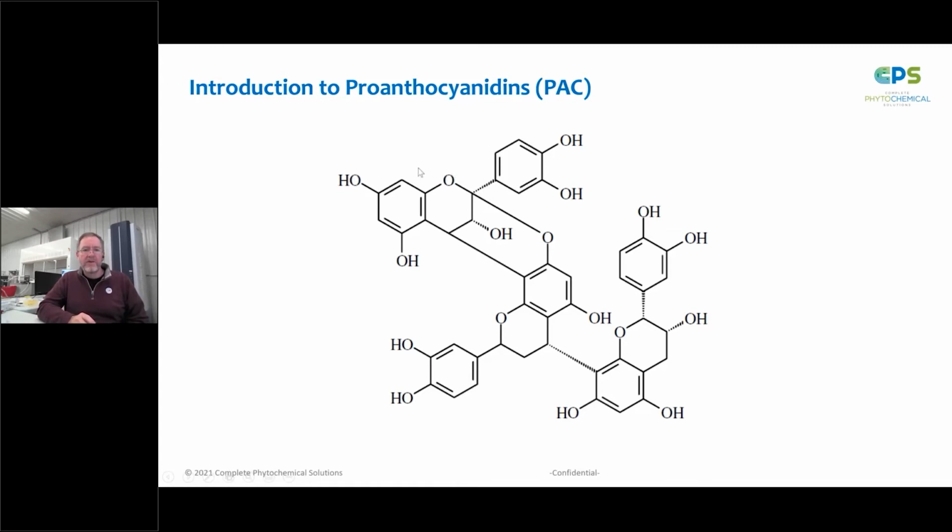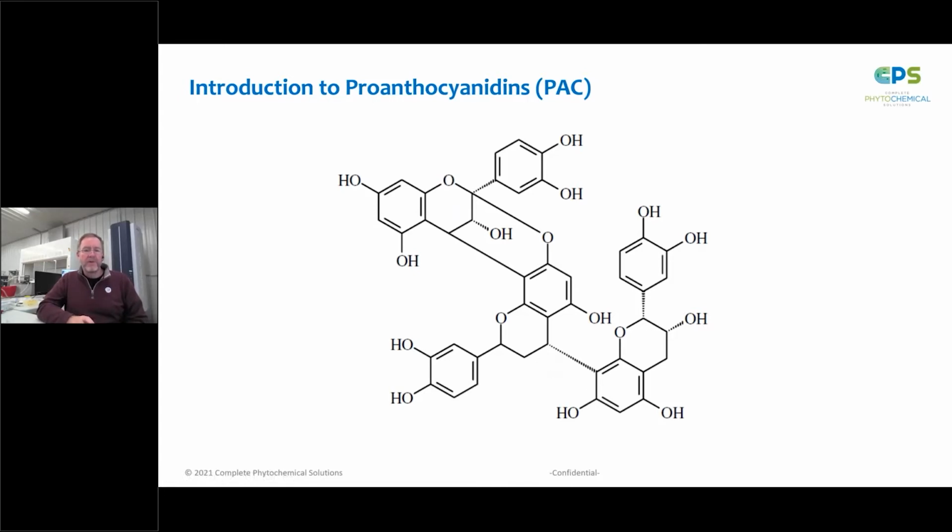So what we see here is a repeating catechin unit. Here's a monomer of catechin attached to a second monomeric unit, and then a third monomeric unit. Again, we can have substitutions in the degree of polymerization, hydroxyl substitutions, and the unique nature of the interflavan linkages.